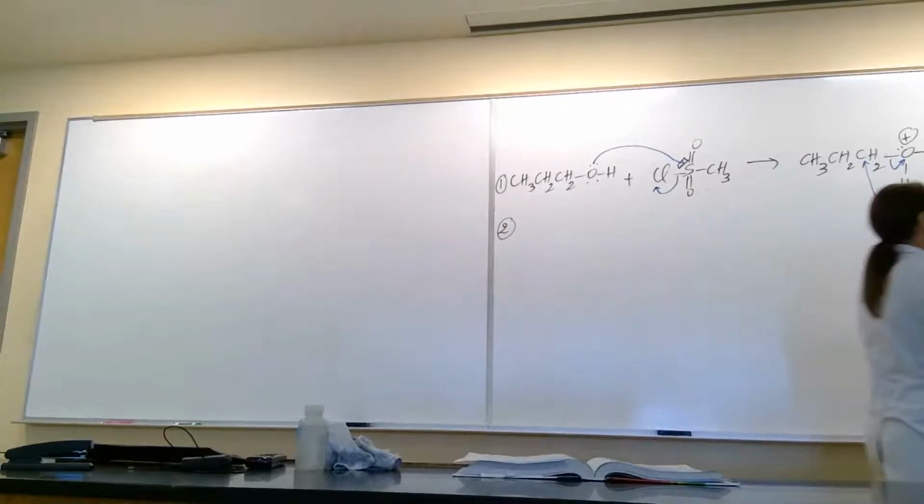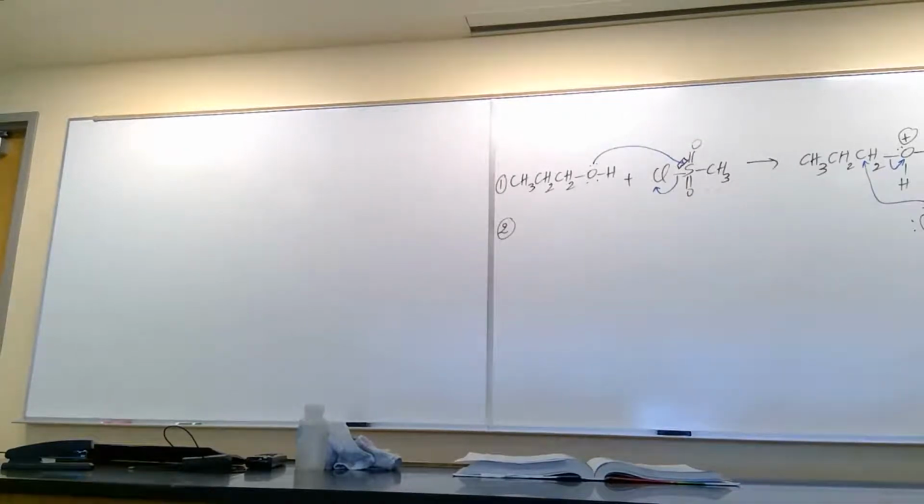It can react basically with this part, but it's not really the major thing. Your sulfonyl chloride here, if you add CH3CO minus, this is not strong enough to do a substitution reaction. You're not going to have a substitution here.